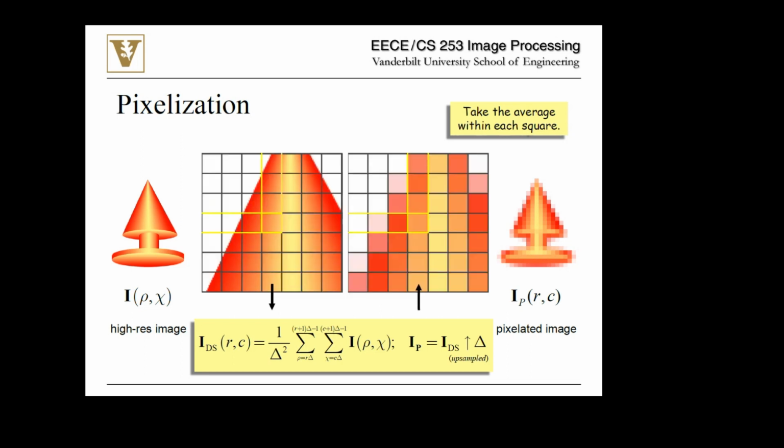So here you have an example. Let's say that these are the big squares, the 2 times 2 squares. I am replacing all the values here by the same value.